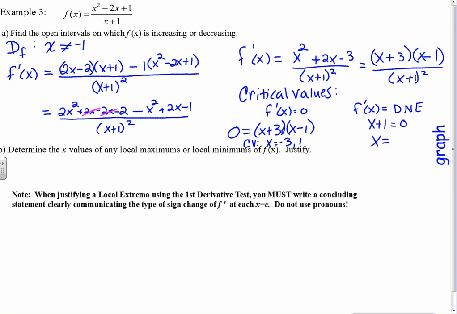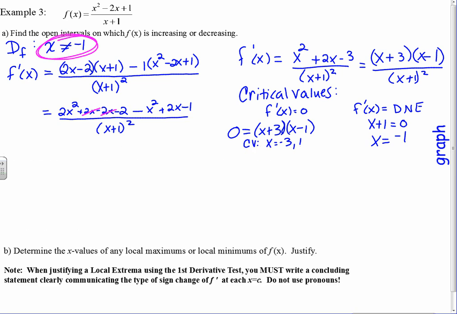Well, that's happening at x equals -1. We can call it a critical value. However, keep in mind that it's not going to be a relative max or relative min because -1 is not in our domain. So we need to determine whether we have local mins and local maxes, but first I need to talk about that increasing and decreasing function.